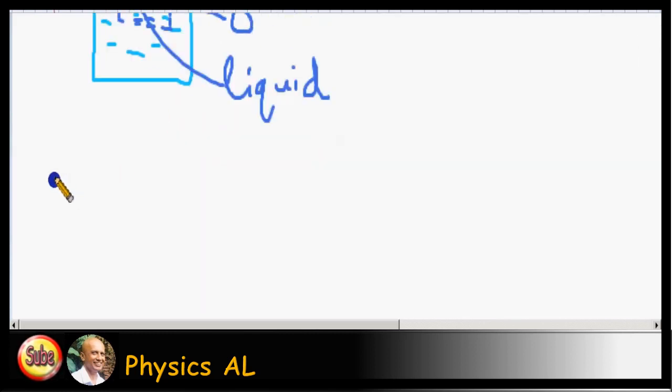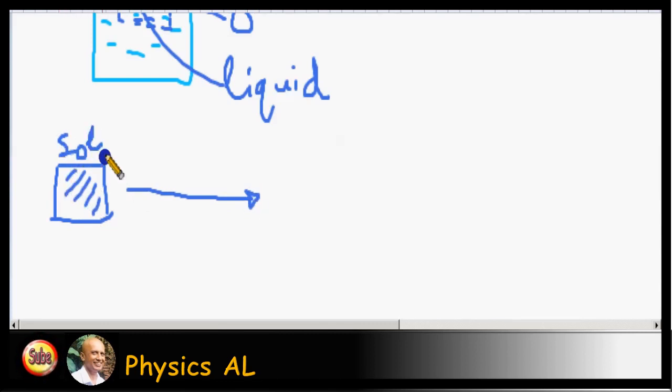So regarding ice, we can divide the path into two parts. Initially the cube of ice, the solid, changes temperature only, from -5 to 0 centigrade.